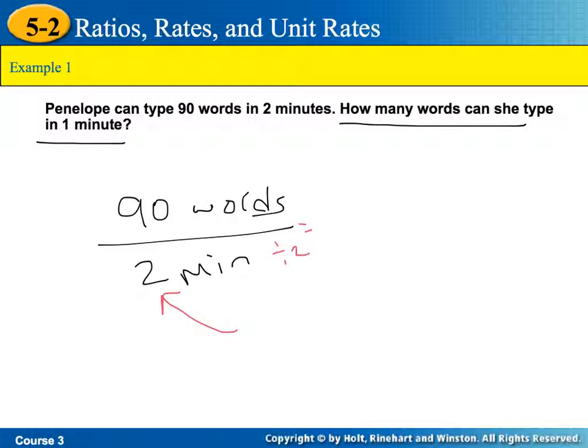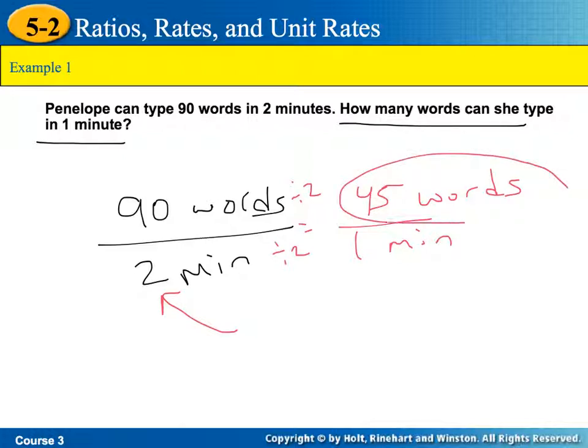Divide by 2. So I have 1 minute on the bottom. Whatever I do to the bottom, I have to do to the top. Divide by 2. And I get 45 words per minute. How many words can she type in 1 minute? 45 words. Now, remember, we have labels here. We're dealing with rates.